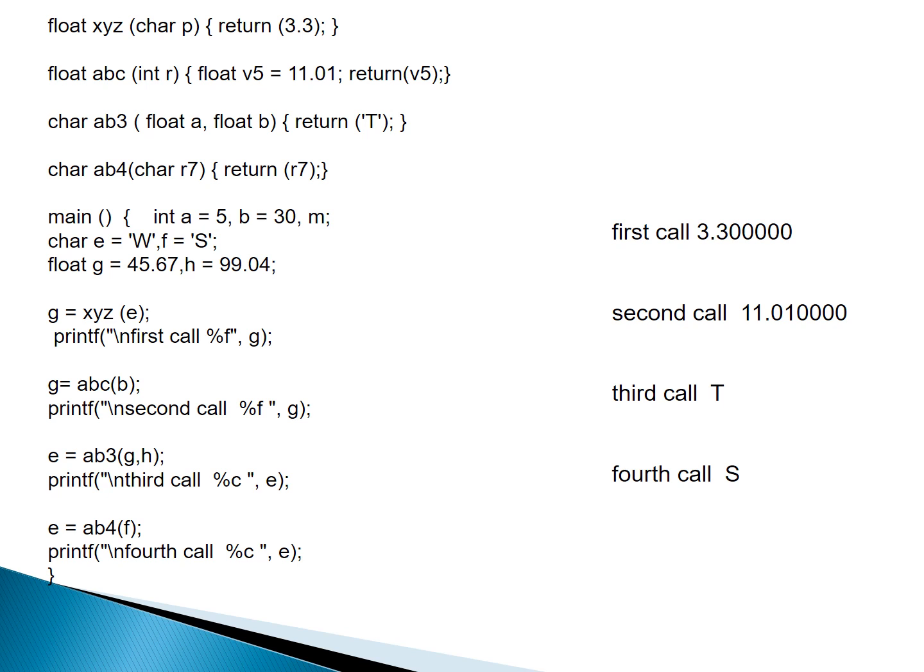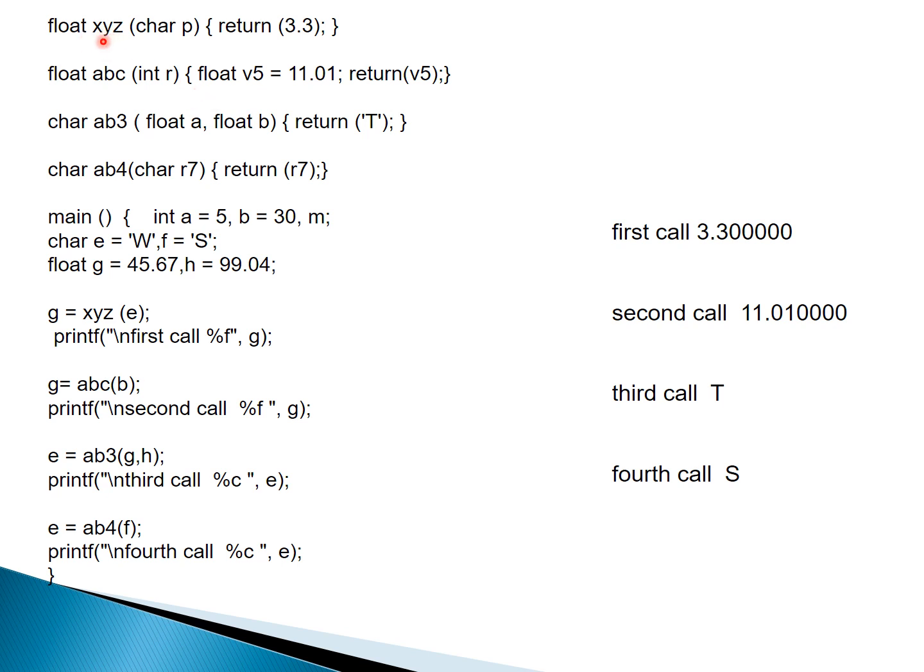So we have 5 functions on this slide. We will discuss them one by one. The main purpose of this slide is to demonstrate how we call different types of functions with different types of return values and lists of parameters, arguments. So this is the first function.